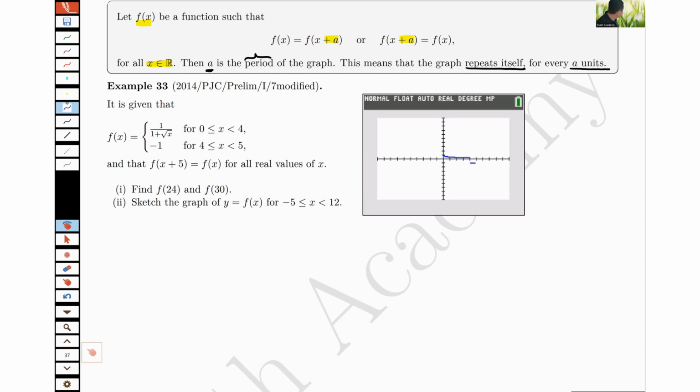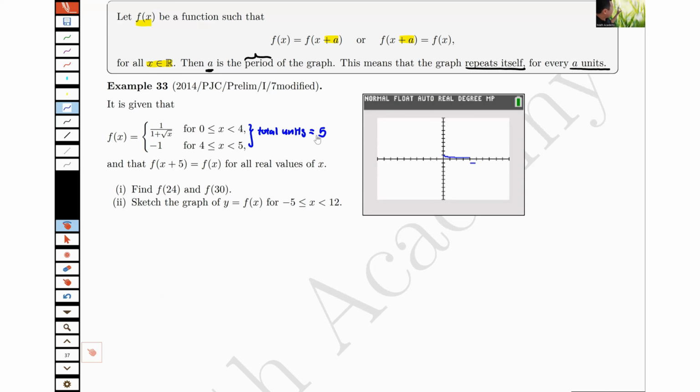In my particular example here, I have got two equations. Functions like this look a little different in the sense that you have this particular equation defined from 0 to 4, and I also have this equation that is defined from 4 to 5. So they are defined on different values. But the first thing we should note is that the total number of units that appear is 5 units.